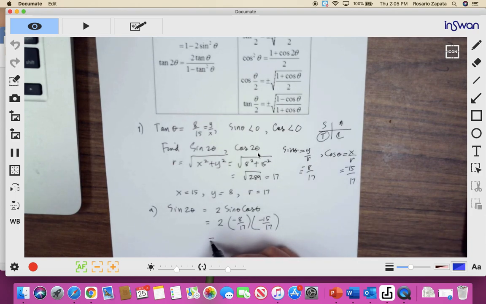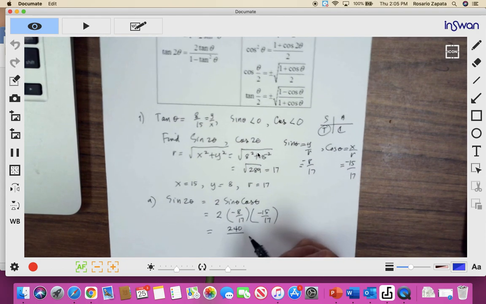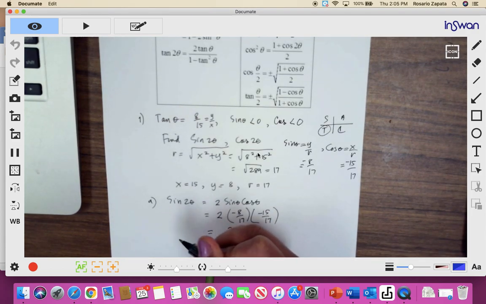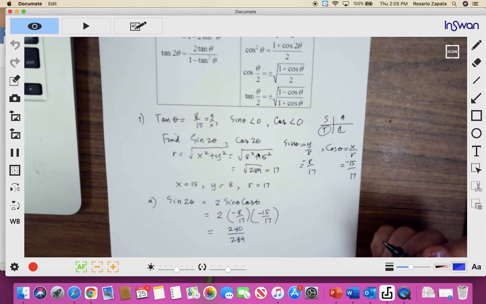And so therefore, negative 8 times negative 15 is 120, and times 2, that will be 240, and it's positive, so 240, and we know that 17 times 17 is equivalent to 289. If it needs simplification, you need to simplify. But this is now the value of sine 2 theta.